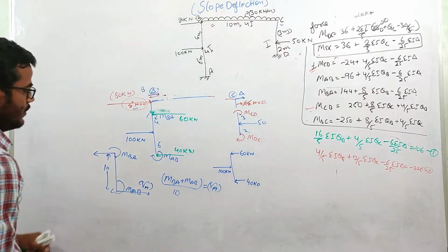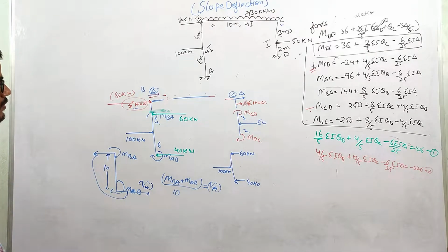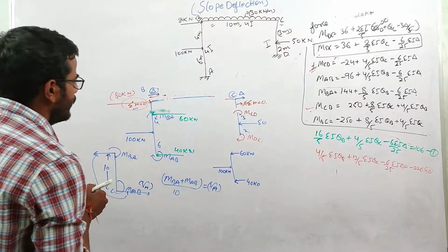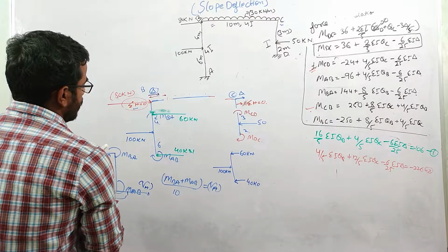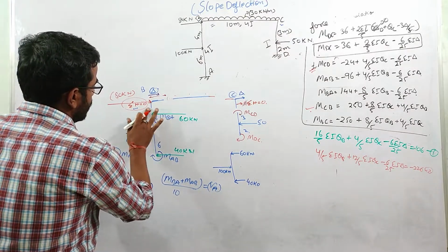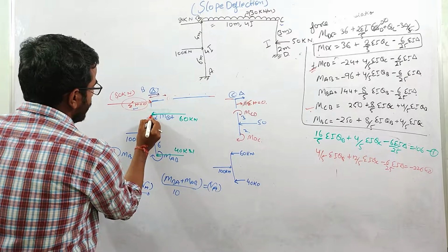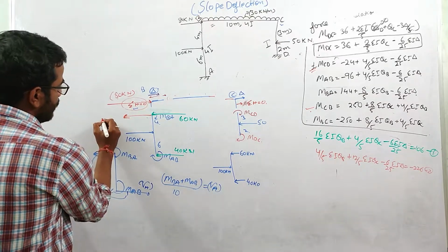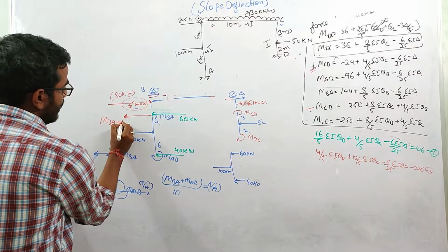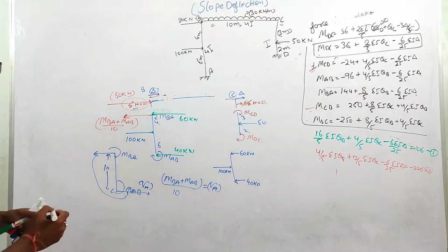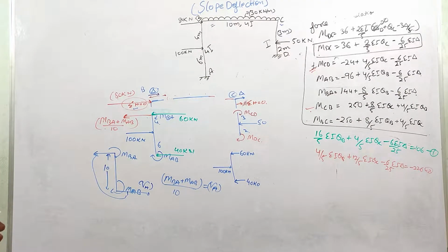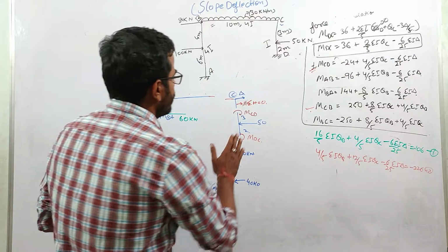At this point also I will be having one more force, the value of which is equal to MBA plus MAB over 10. Now let us come to this point.